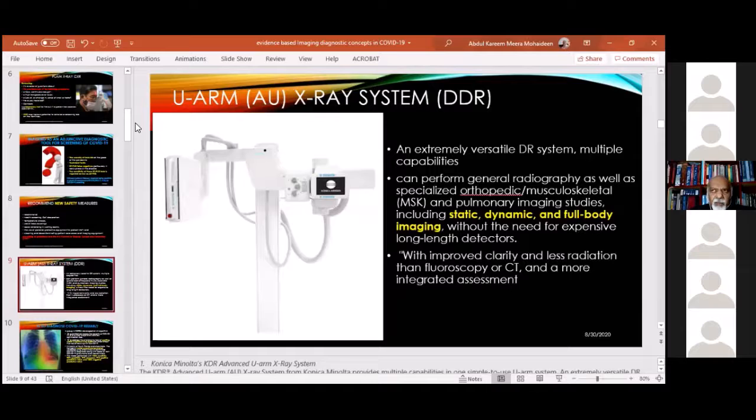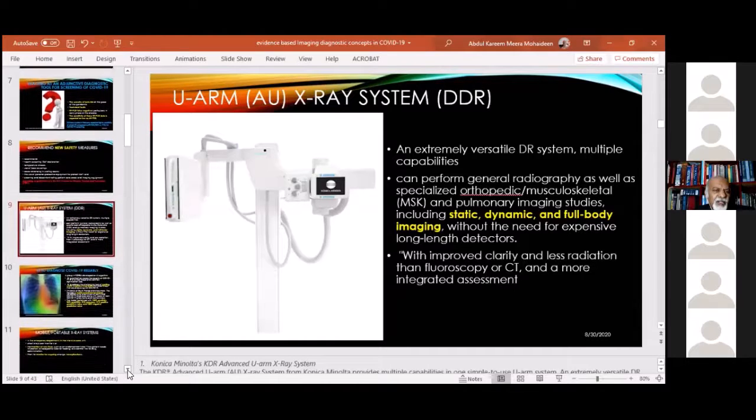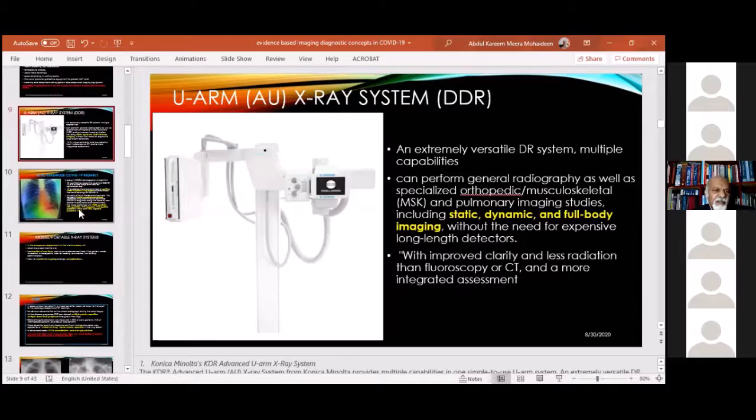And it is useful for static as well as dynamic radiography. And you can do the full body imaging from the head up to the toe, just like a CT. So to that extent, the technique has improved during this emergency period, and maybe if not till now, sooner sales agents will be approaching you to buy this machine.